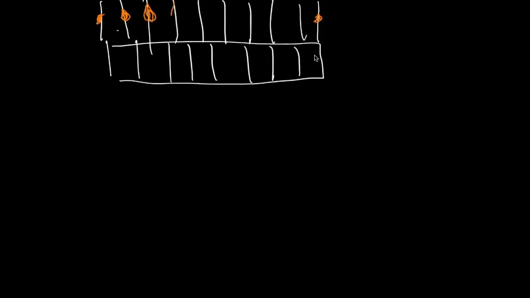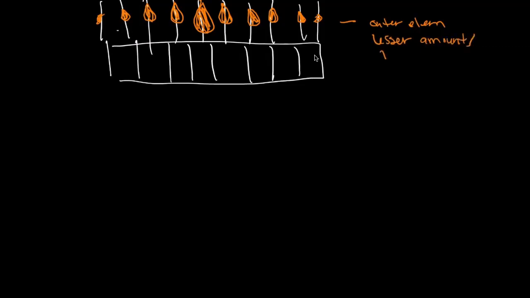and bigger and bigger, with the biggest electricity in the middle. And yours could be nicer than mine. But the outer elements are given a lesser amount, or lower amplitude, of electricity.